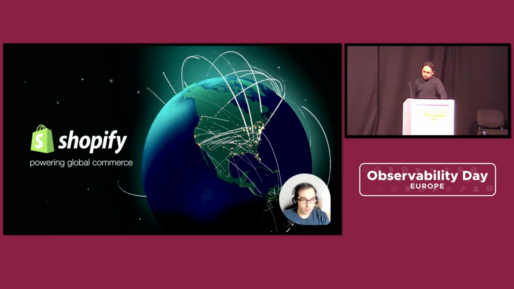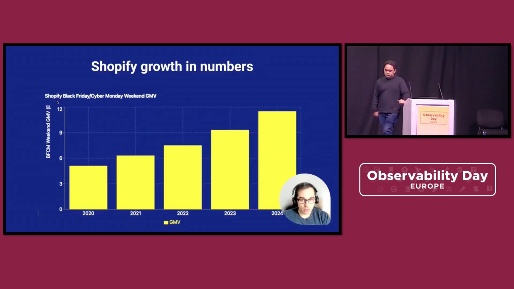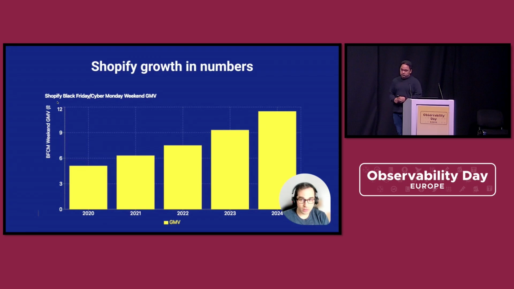So this obviously comes with all kinds of challenges. We have to be able to handle things like regional failures, for example, and so on. In addition to the globally distributed nature of observability, Shopify itself has been growing rapidly over the past years. What we see here is what we call our GMV for the Black Friday, Cyber Monday weekend. So this is just the total amount of sales for those weekends.